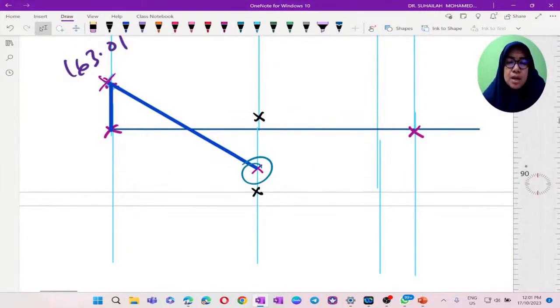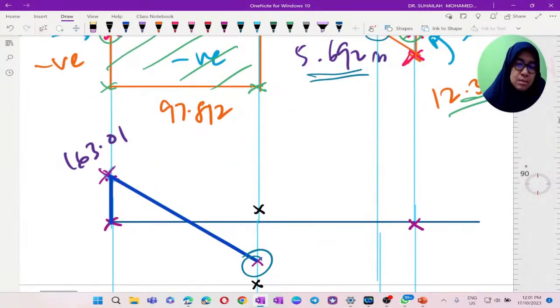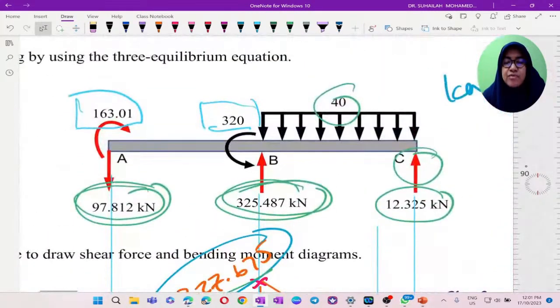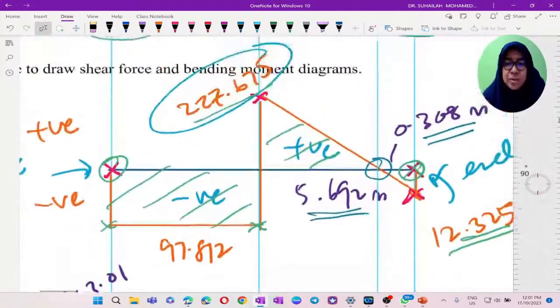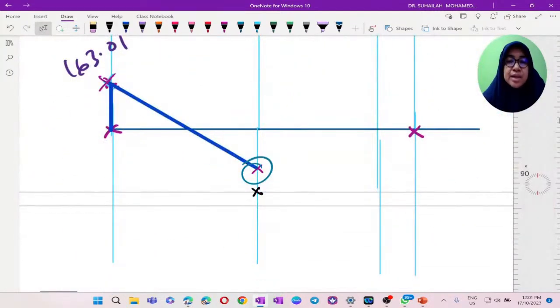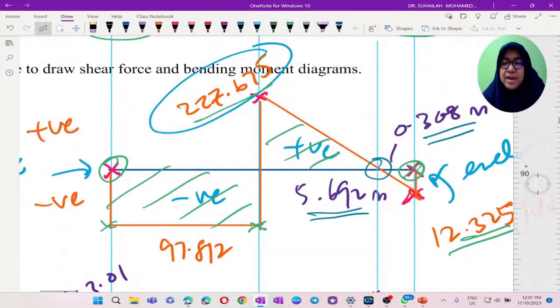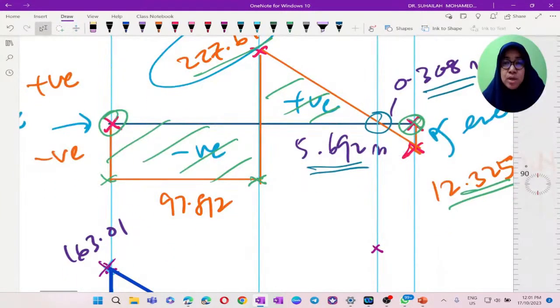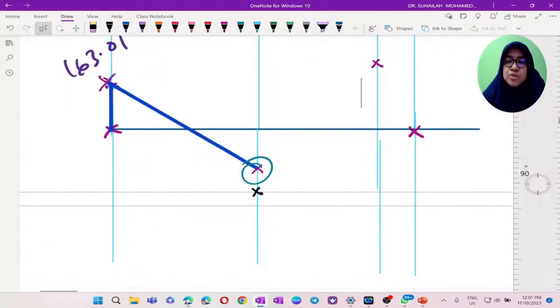So the next position we get from the area of the first triangle, and then we will get the value normally like this. And then the last value, since at C is not fixed, it is a roller, so the moment is 0, so we should get 0 back.